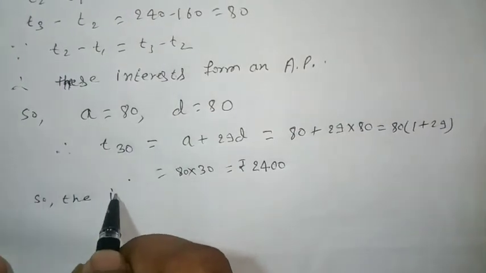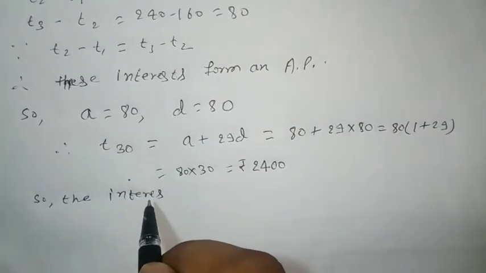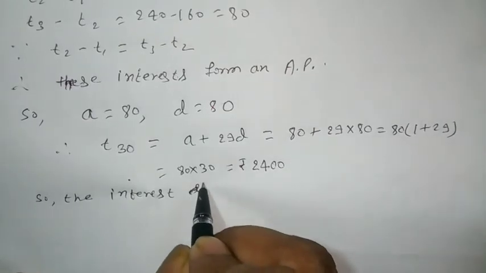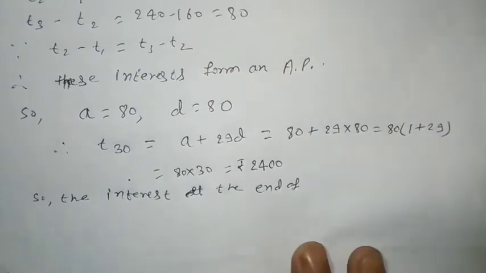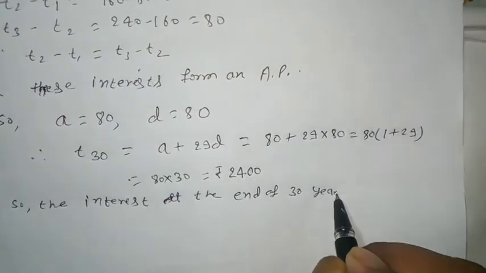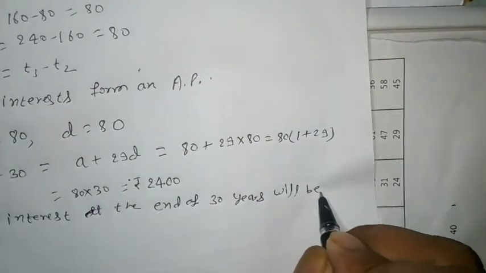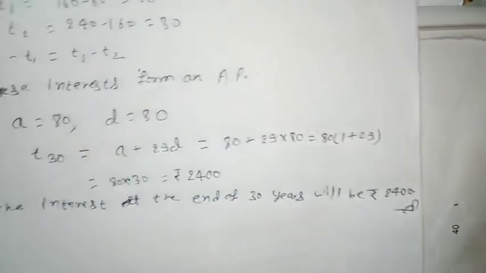So the interest at the end of 30 years will be rupees 2400. Answer.